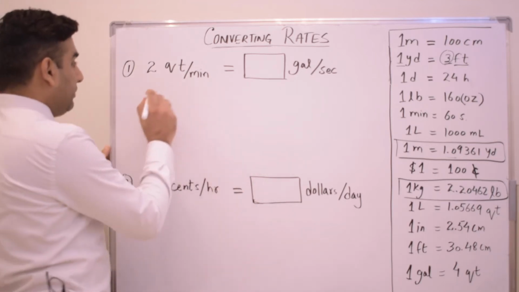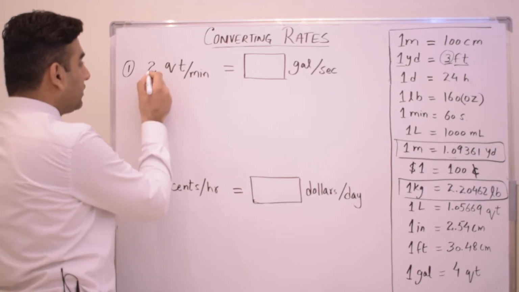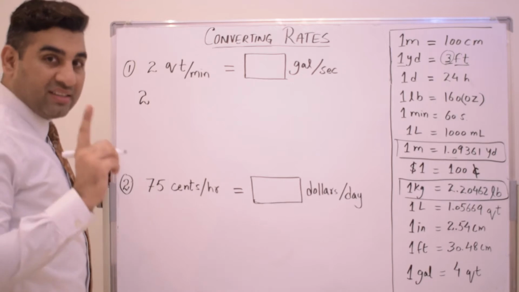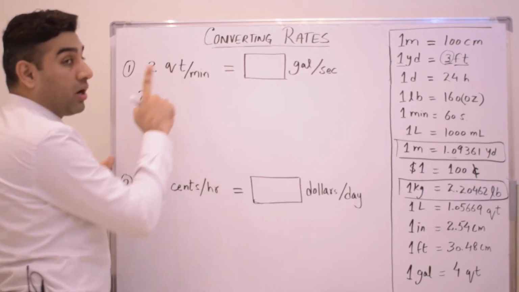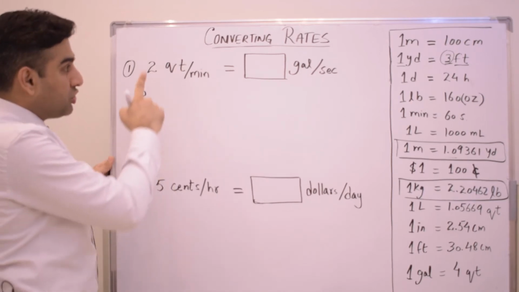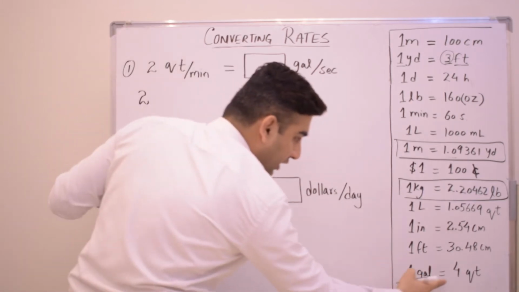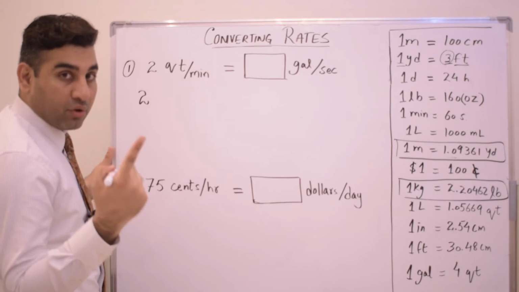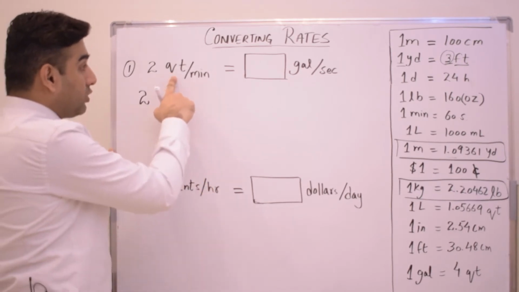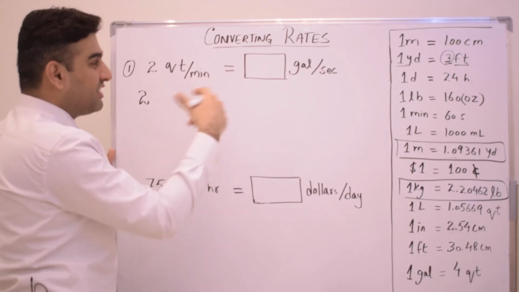So guys, here first step is copy this number 2. The second step, this is quart and you want to go in gallons. So check their relation. So gallon and quarts, in 1 gallon there are 4 quarts. So quart is a smaller unit, gallon is a bigger unit.